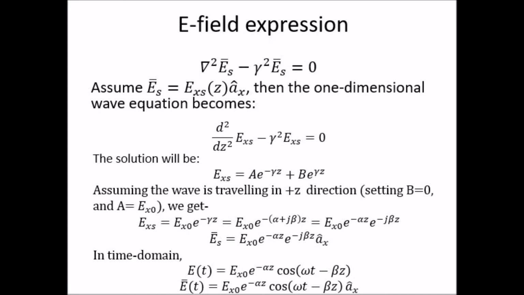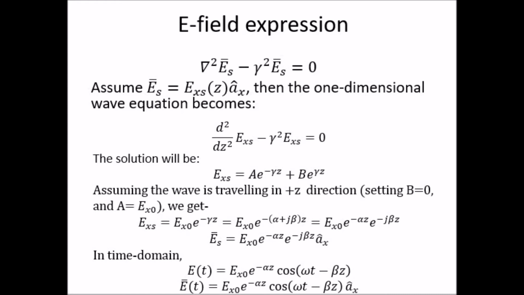Now we assume the first part of this solution, e to the power negative gamma z, is assigned for the wave propagating in the positive z direction, and the second part, B e to the power gamma z, is the wave that is propagating in the negative z direction. So we are assuming that the wave is traveling in the positive z direction. That means setting B equal to 0, and also we assume the amplitude of the wave A equal to Ex0.